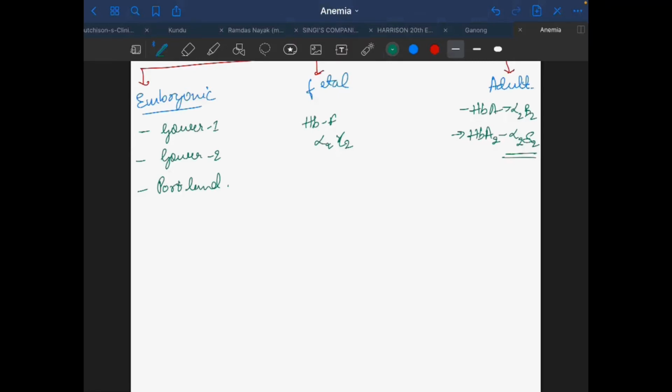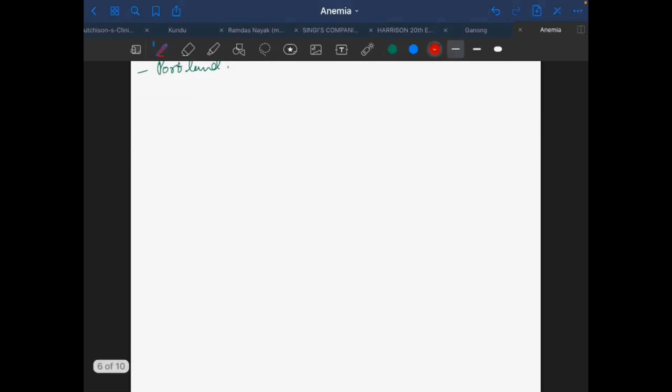What are the major sites of haematopoiesis in the child or in the duration of infancy?